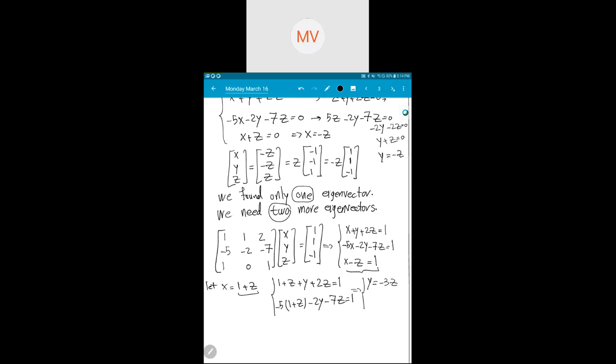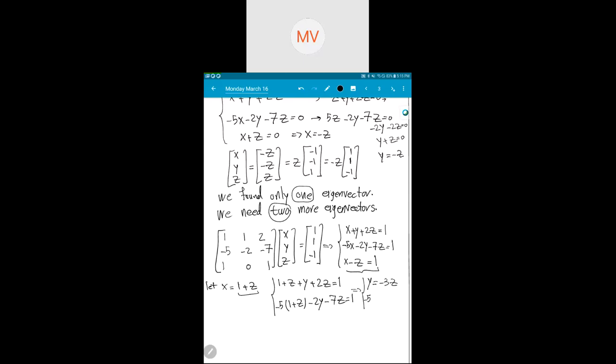I assume you're going to get the same thing with this one. Let's see. Maybe not. So in this one, let me check what it was. Yep, that's equal 1. So x is 1 plus z. We set it up there.